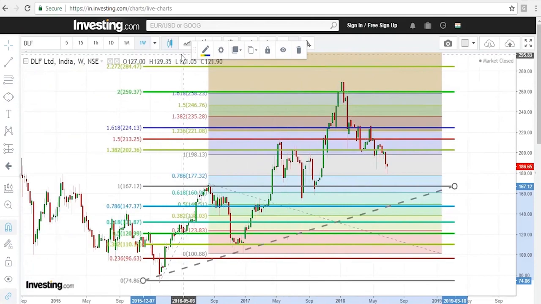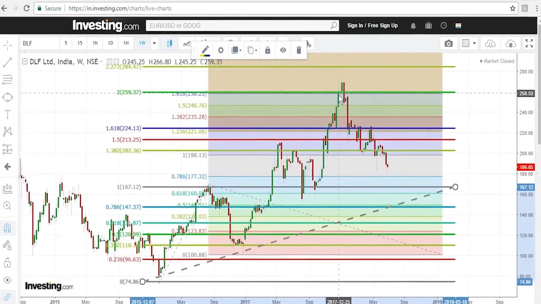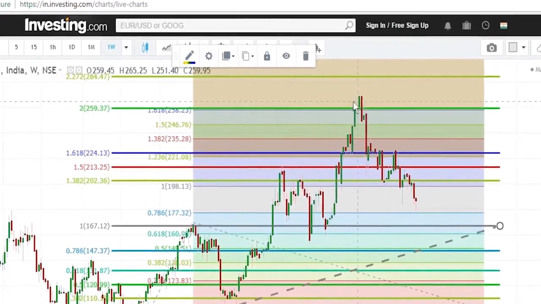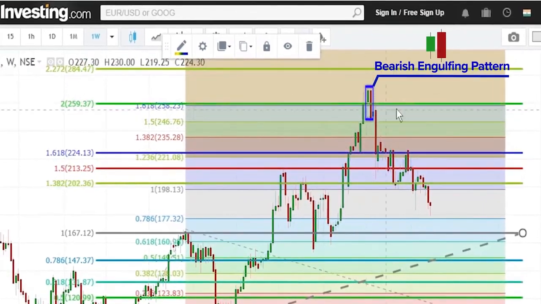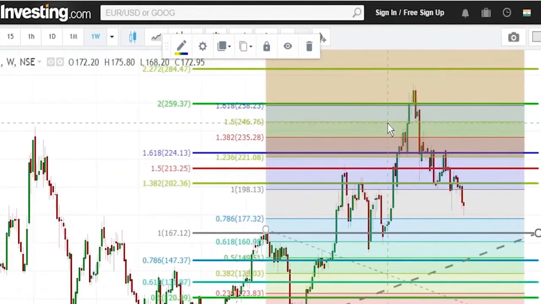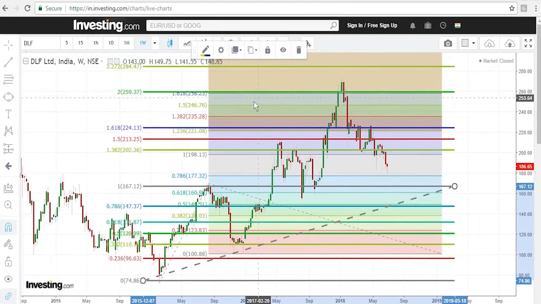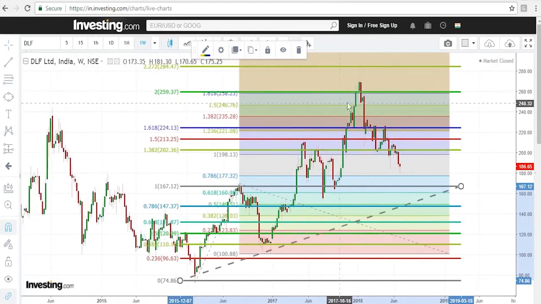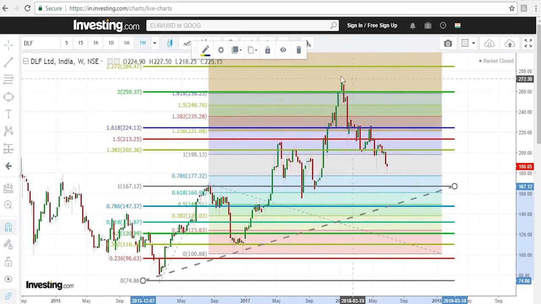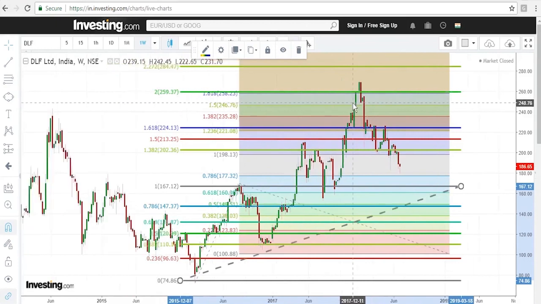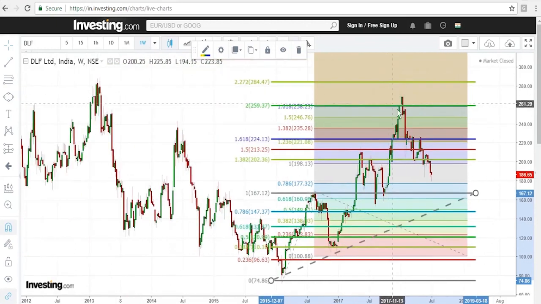We could see in the weekly chart that this was coming as a resistance, and around this we could see a bearish engulfing pattern. So when we see that these important ratios are there and price action is holding these levels, and we see a special kind of reversal pattern, then we can look at them with significance.